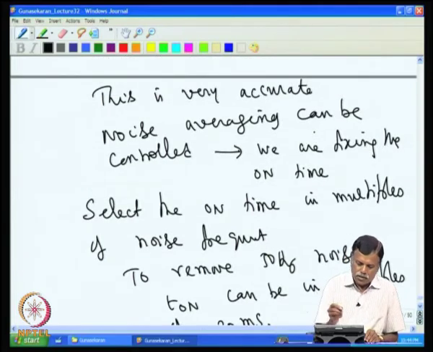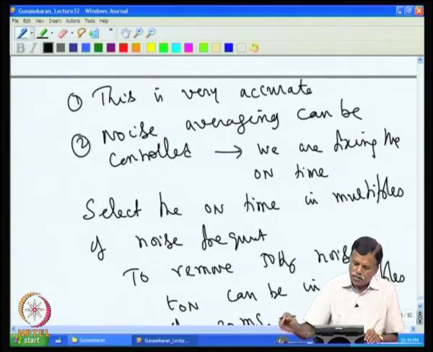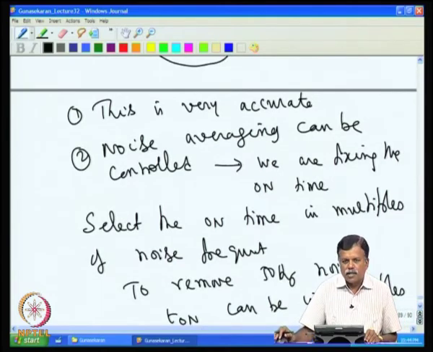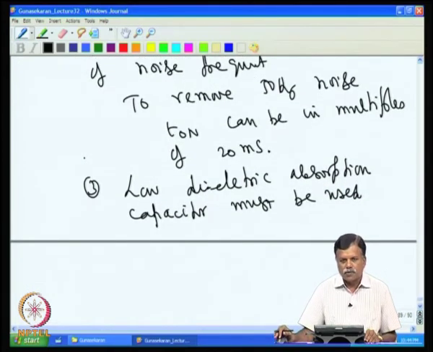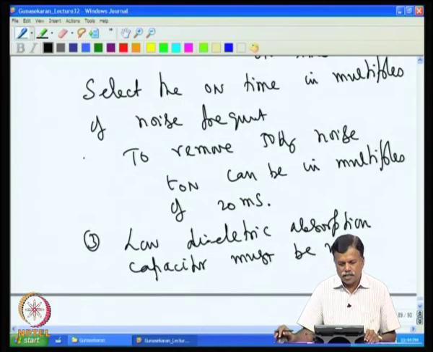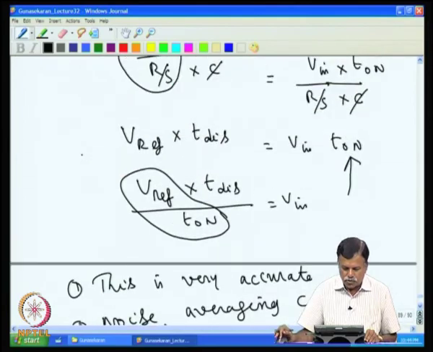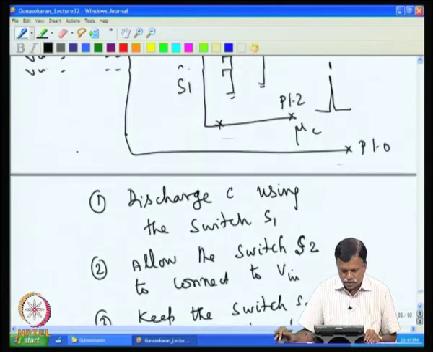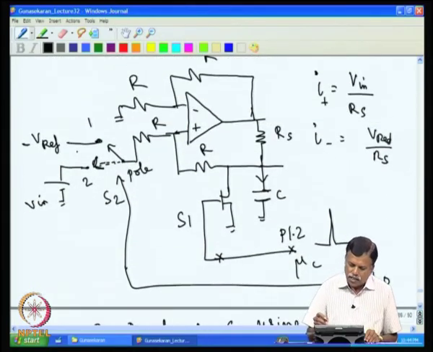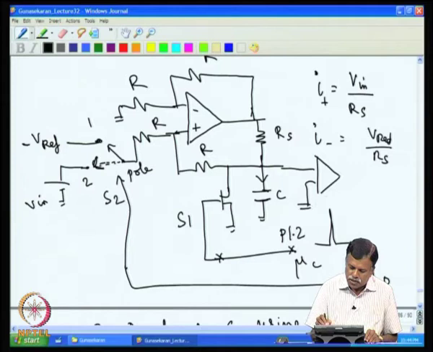This makes noise averaging more accurate, and it can be done with the on time. Of course, this puts extra burden on the designer, because he has to make the constant current source, and then have two switches, one to discharge and one to charge, and also the comparator, which compares with respect to the reference voltage, that is 0 in this case.